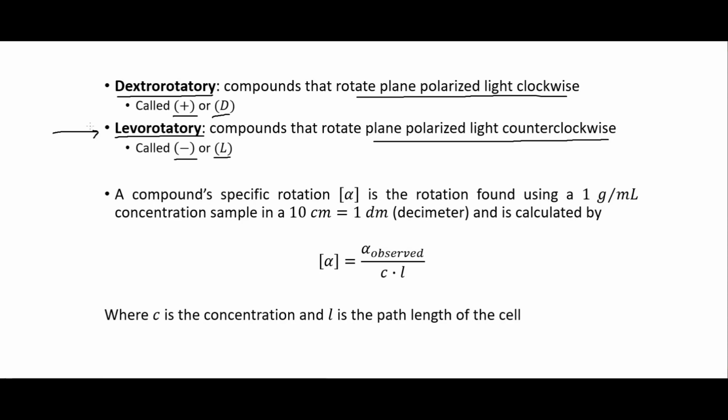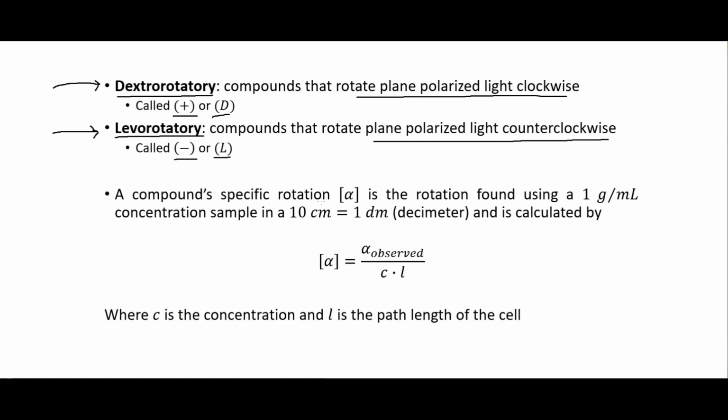You might have seen this before, but you don't see it as often in things like nutrition. But all the sugars that life on Earth uses are dextrorotatory, so you might have seen D-glucose or things like that, and so that's what those letters are referring to.